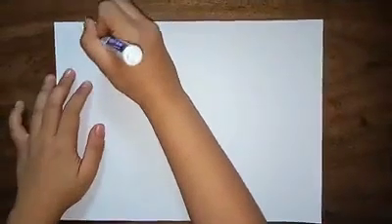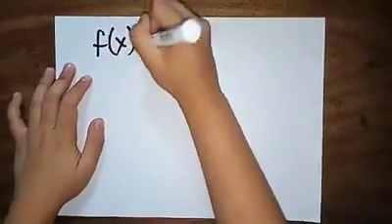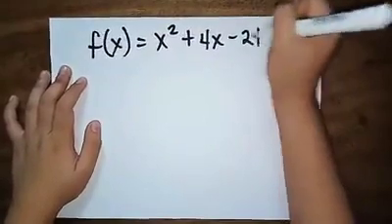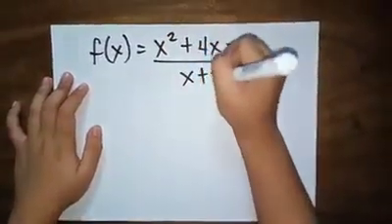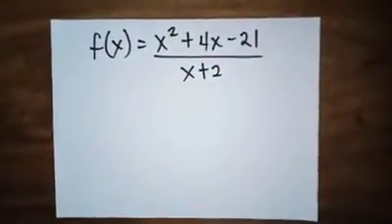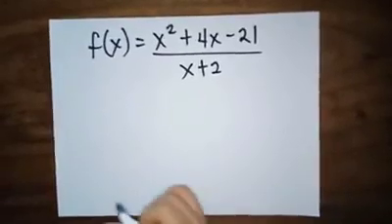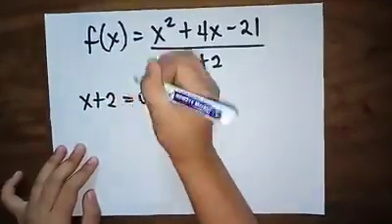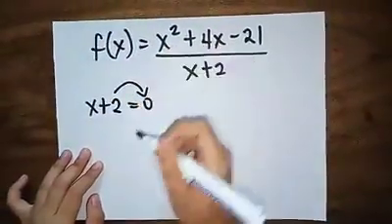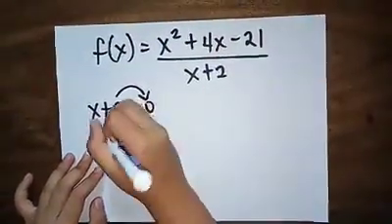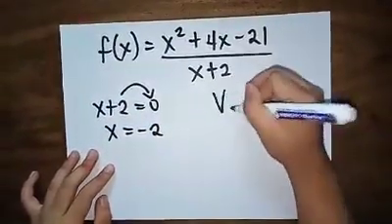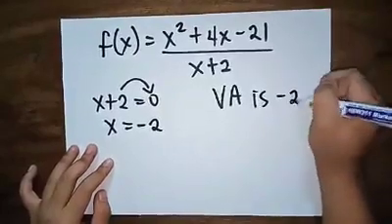Last example is f of x is equal to x squared plus 4x minus 21 all over x plus 2. First, let's find the vertical asymptote. To find the vertical asymptote, set the denominator x plus 2 equal to 0. Then transpose positive 2 so that x is equal to negative 2. Therefore, our vertical asymptote is negative 2.